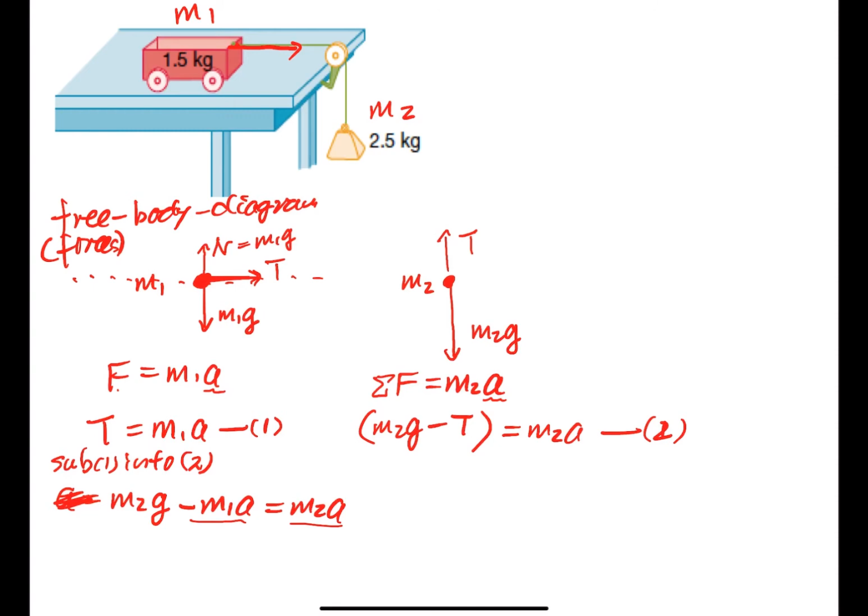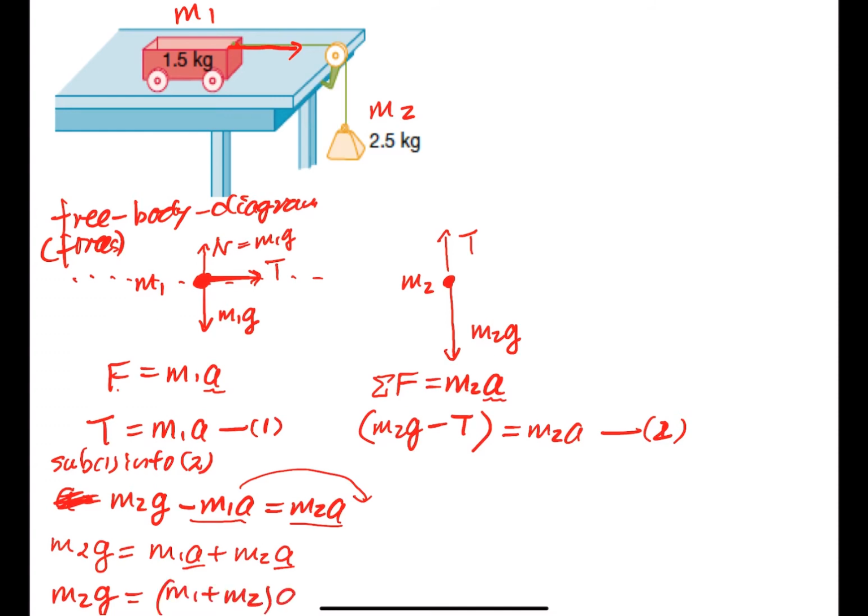For me, it's easier to put this one here. So I say m2g equals m1a plus m2a. Now you have a common term, so you get (m1 plus m2)a. I swap it, so a is equal to m2g over (m1 plus m2).